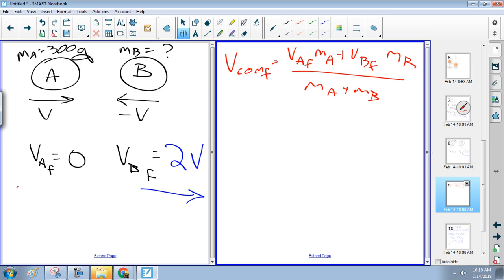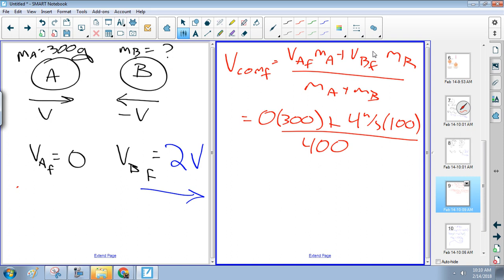So what was the velocity of A final? 0. So I get 0 times 300 plus, V was 2, so 2 times V would be 4 meters a second, times 100 all over 400. And it gives you 1 meter a second again, right?